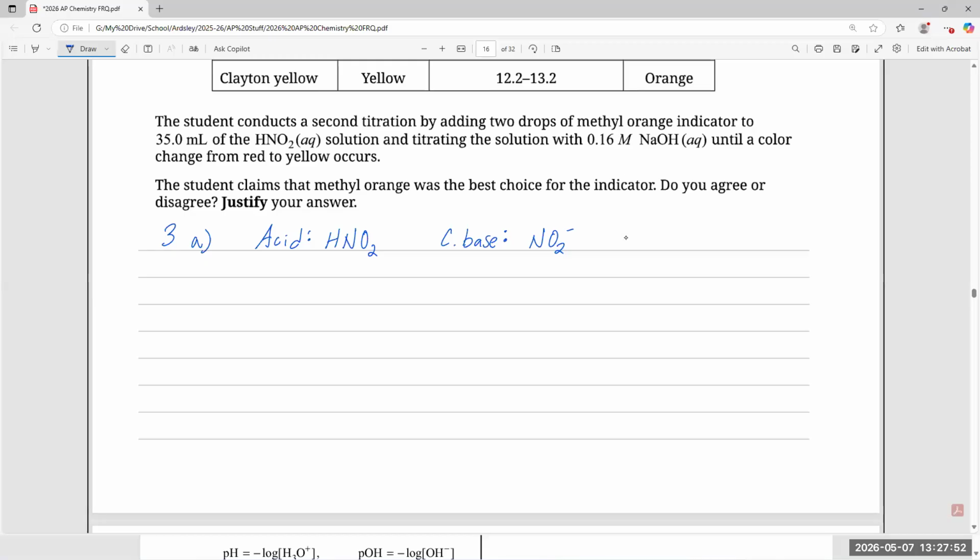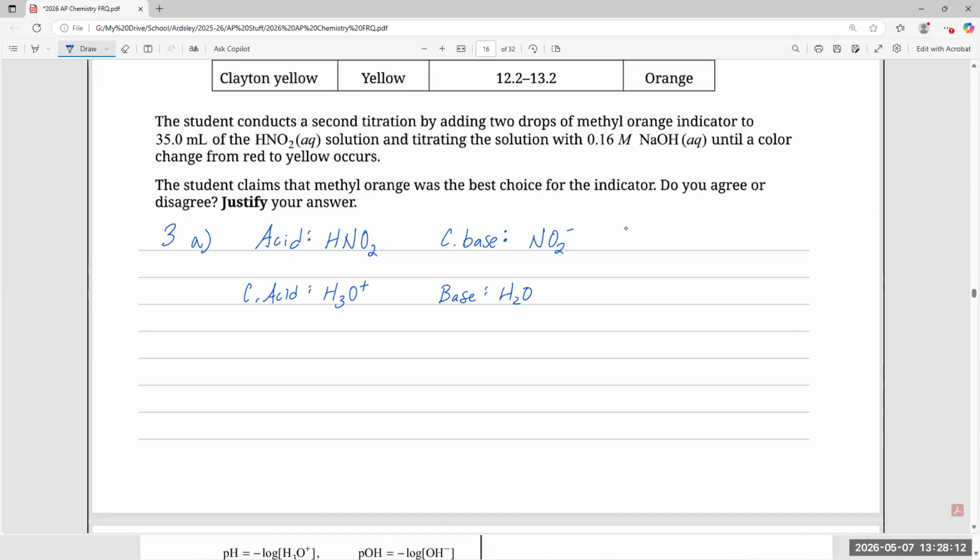That's fine. Now you can just write this, or you could have also come up with the conjugate acid is your H3O plus, and then our base is H2O. You could also come up with this pair as well, right?